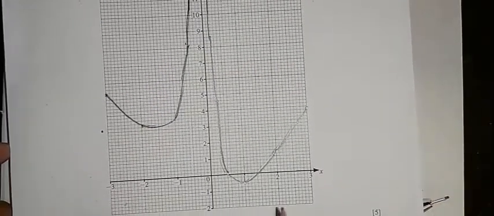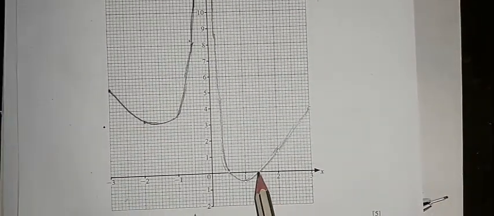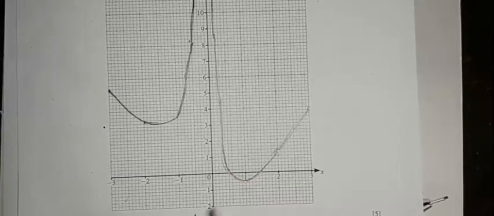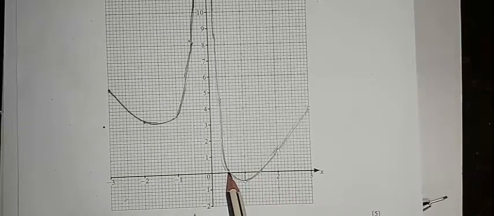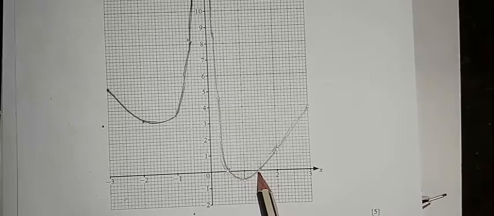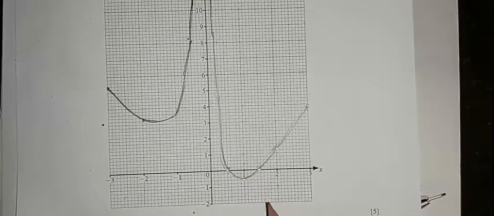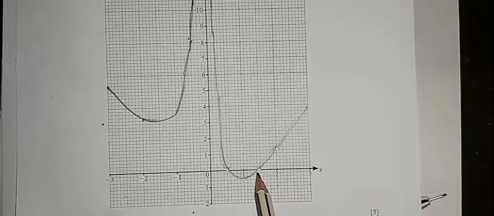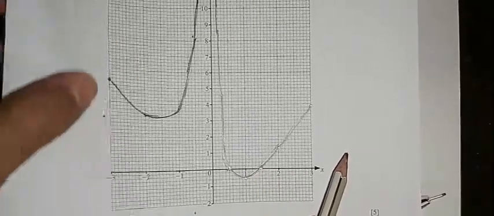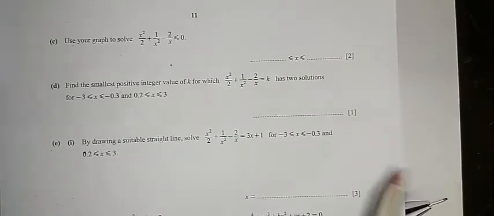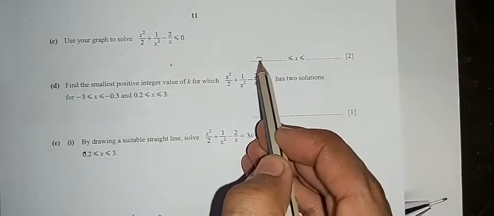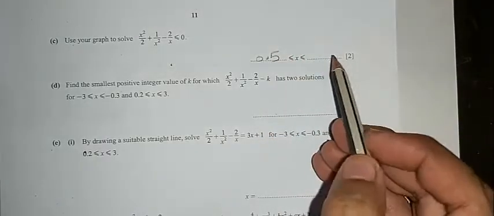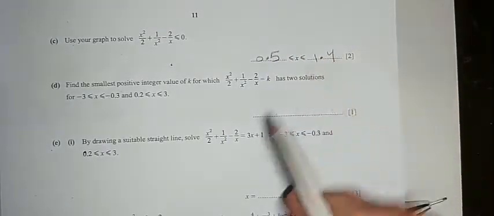This part here is less than 0, from this value on x to this value here on x. This value is 0.5, and this one may be 1.4 or 1.5, 1.4. So x is greater than or equal to 0.5 and less than or equal to 1.4.